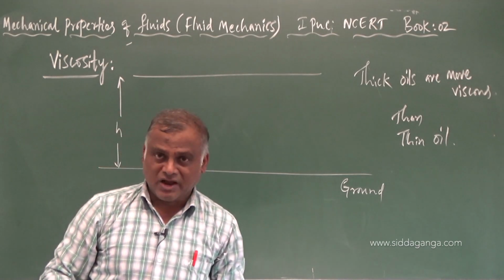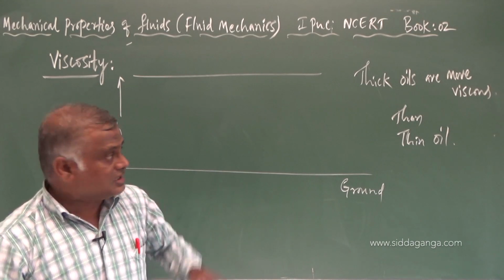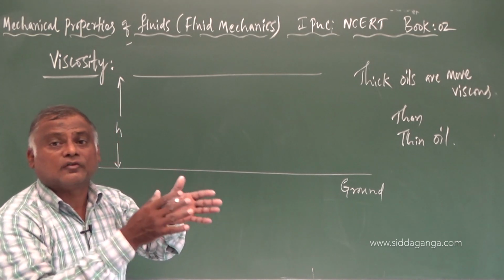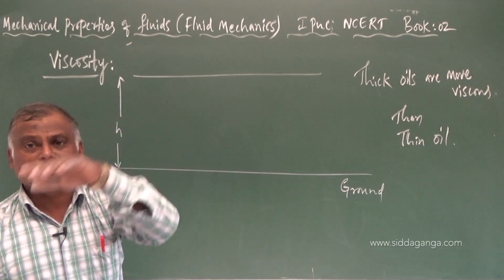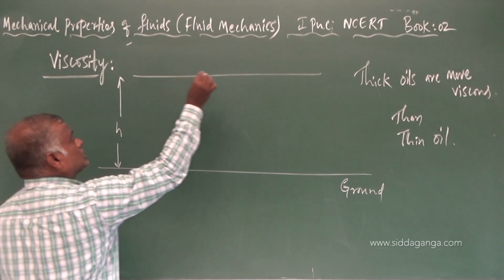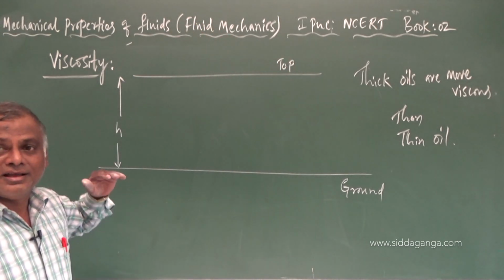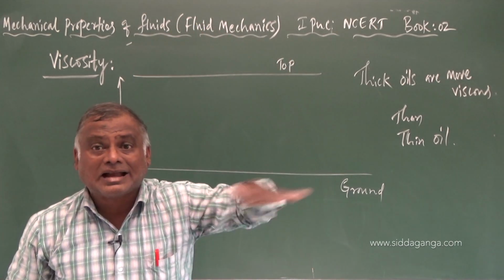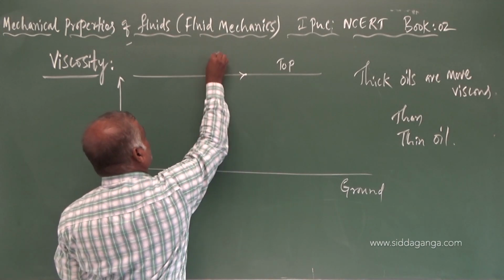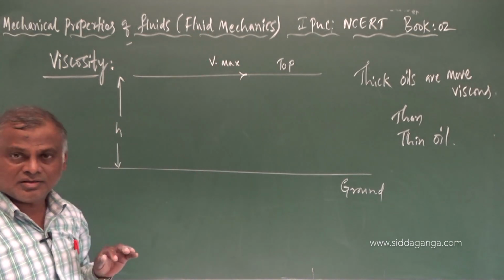Assume that you have a river in front of you, and this entire river is not at rest, it flows from one point to another point. The topmost layer, you feel that it is moving with a greater speed. Means velocity of the topmost layer is maximum.